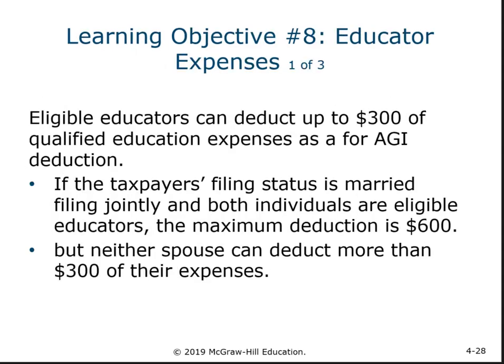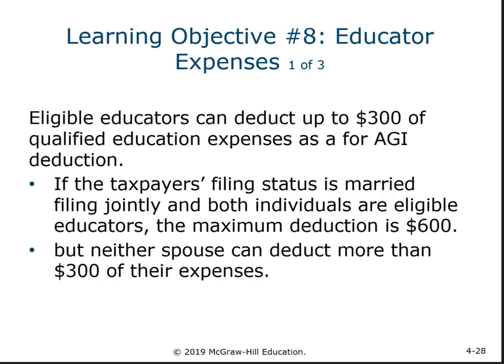Okay, the first one listed on the form we looked at was educator expenses. Kind of one of our last ones here to talk about because it's not a very big amount. While fairly common, it is restricted and it's not really that helpful because it's not very much.